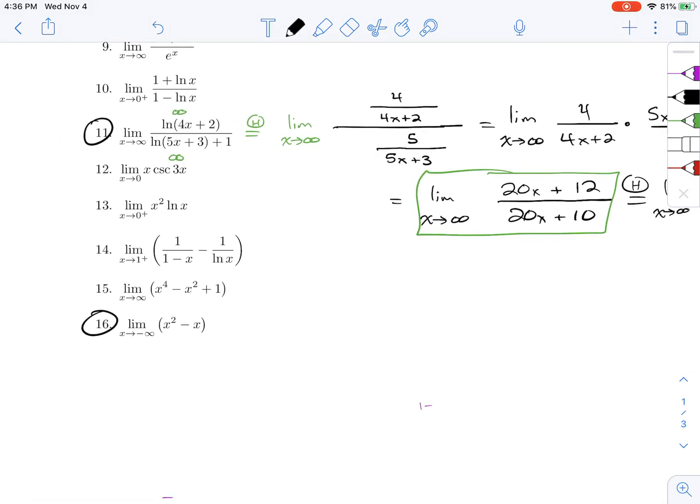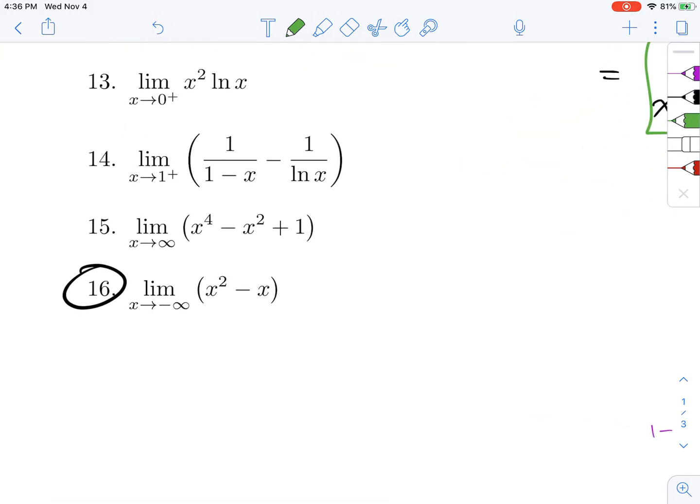All right, let's also look at 16. This is an indeterminate form, but this one is infinity minus infinity. So first up, let's just look at what happens when x grows large. X squared is going to grow large, positive.